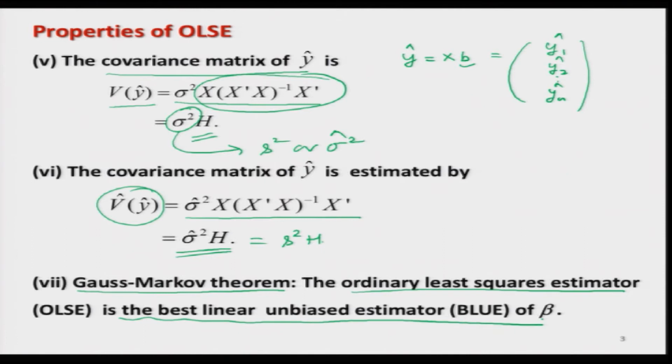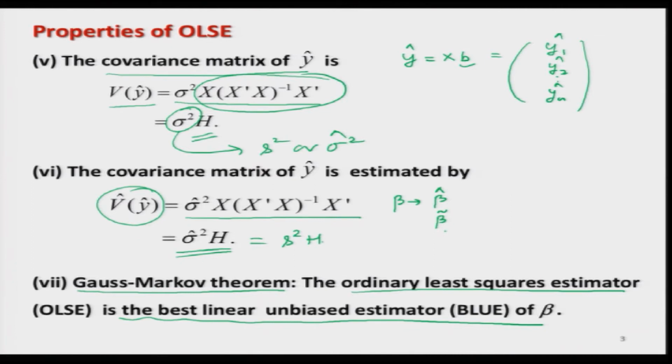What does this mean? Suppose there is an unknown parameter beta, and this can be estimated by some estimator beta hat. Now somebody suggests a different estimation procedure, and the estimator of beta is obtained here as beta tilde.